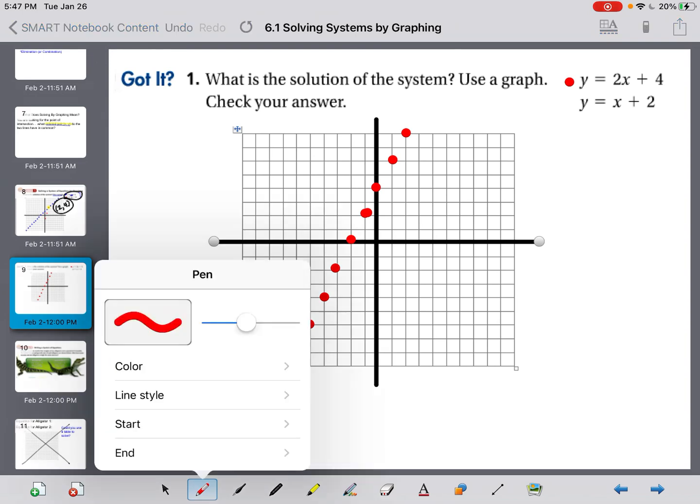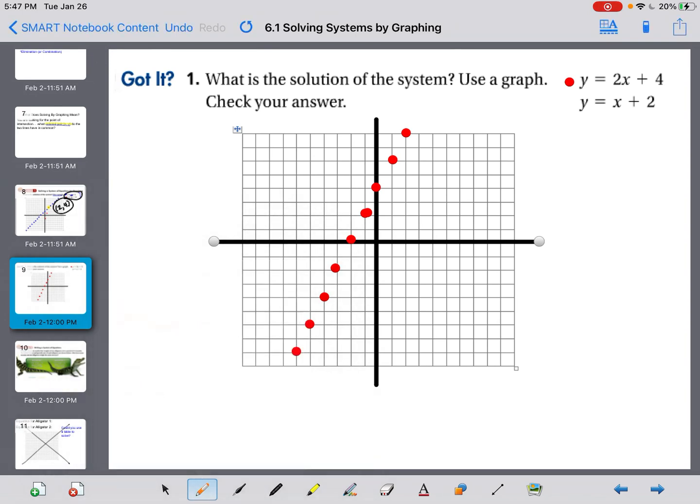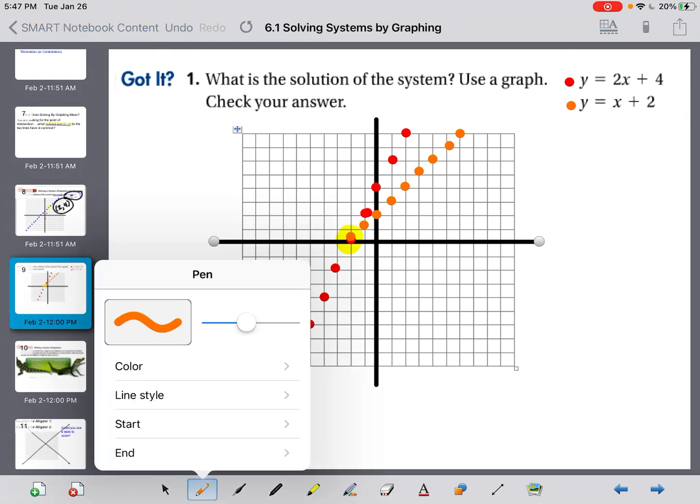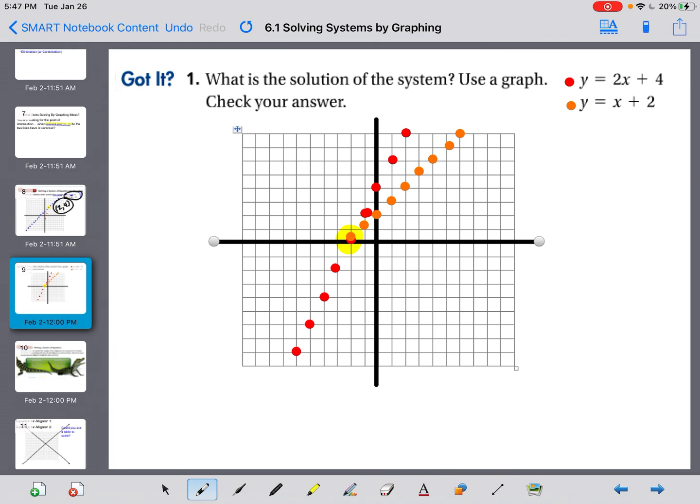Then I'm going to do my next one in orange. Start at +2 and go up 1 over 1. If I notice it's actually getting farther away this way, so that's not going to work. If I go down 1, back 1, I find out that right here is where my lines are going to cross. And the ordered pair for that point is -2, 0.